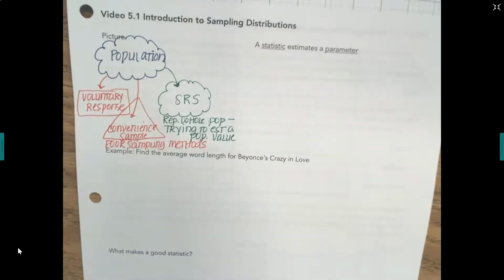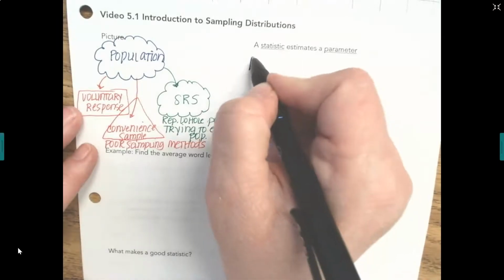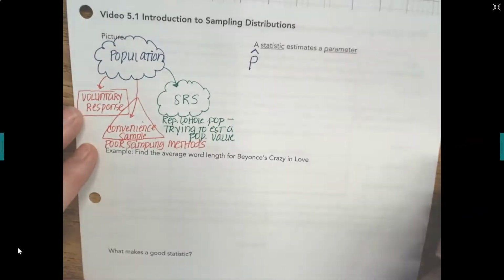When we are representing our samples and our parameters, we want to use the correct notation. It's very important. If we were talking about the proportion of a sample, we would use p hat.